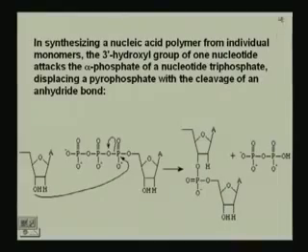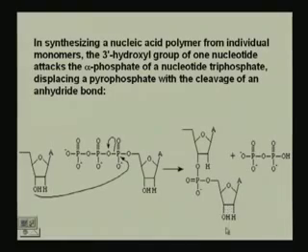And what we are looking at is, we have the 3 prime hydroxyl group here. What does it do? It attacks this phosphate of the triphosphate, releasing the pyrophosphate with the cleavage of this anhydride bond. And what do you have? What is this? It is a dinucleotide now.